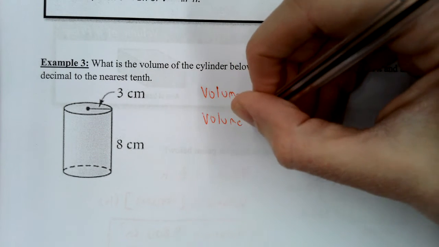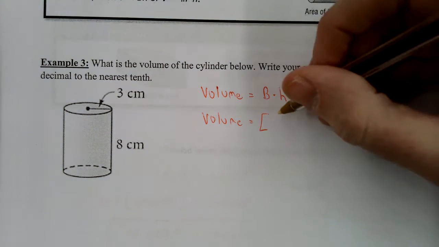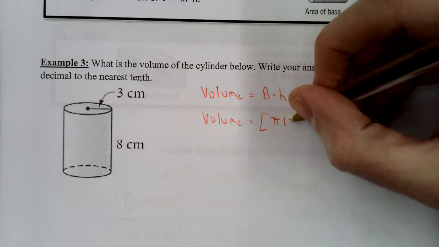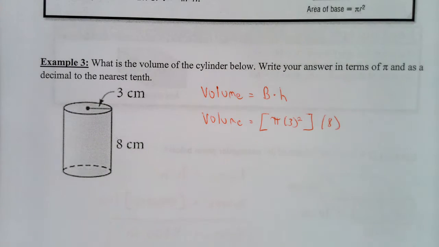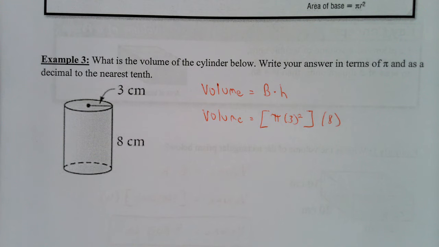So volume equals pi times radius of 3 squared times the height of 8. That's going to be 9 pi times 8, which will be 72 pi.